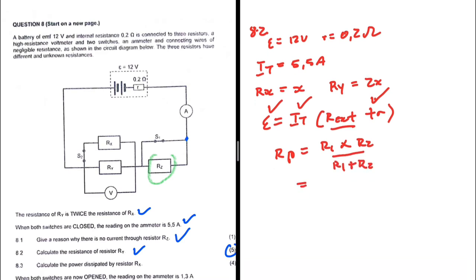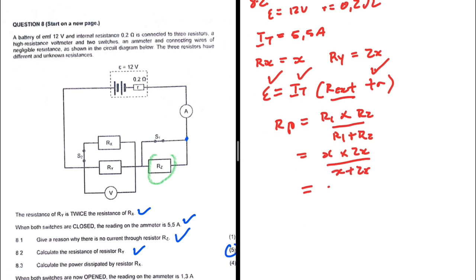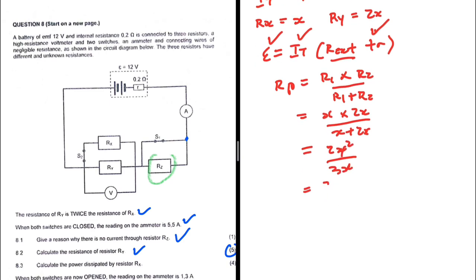Let R1, Rx, be X, multiplied by R2, Ry, which is 2X, divided by X plus 2X. X multiplied by 2X is 2X squared, divided by 3X. X and X cancel out. We are left with 2X over 3. This is Rp, which is our external resistance.